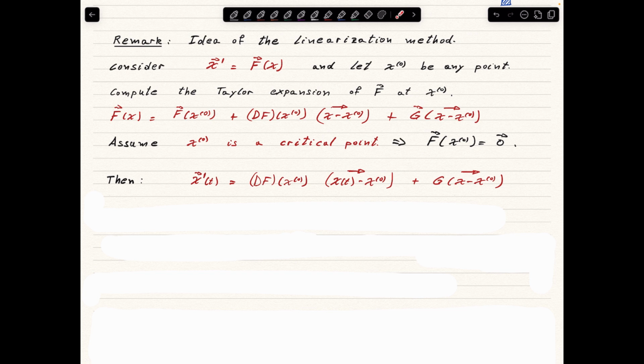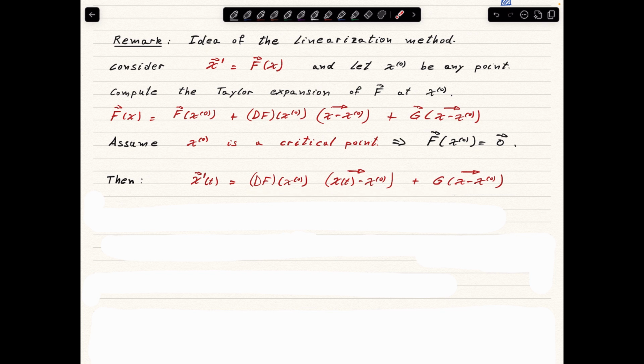With that, the differential equation looks like this. The only thing we have done is write the expansion instead of f, and use the fact that the point we are centering the expansion is a critical point, so this is 0. So this is how f looks in that case.